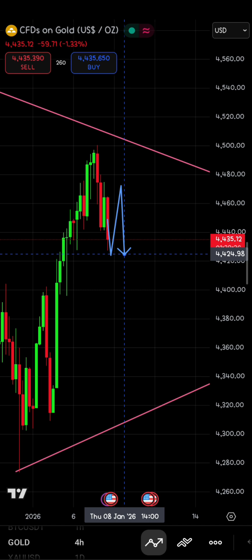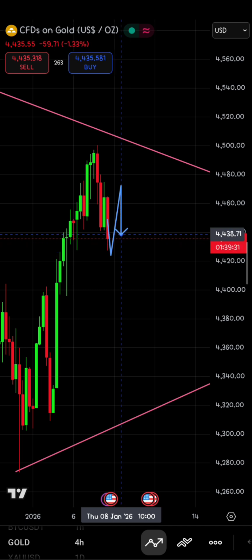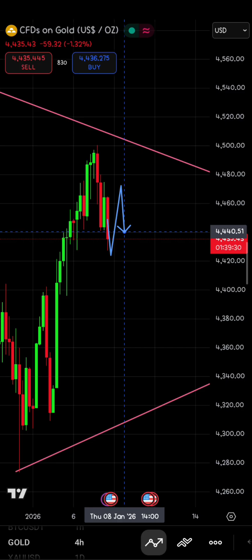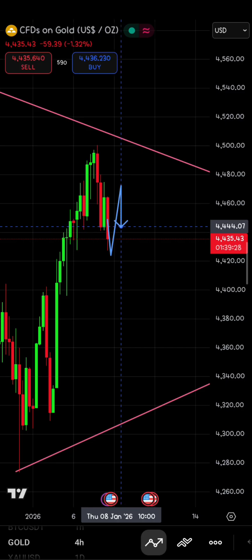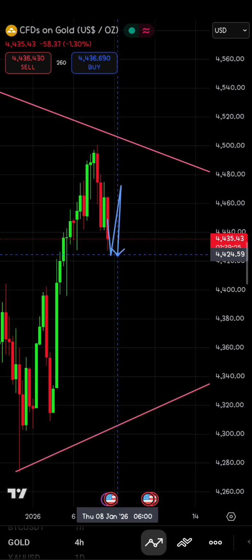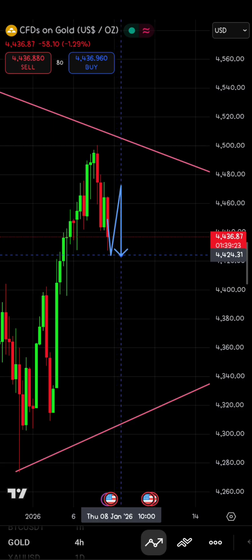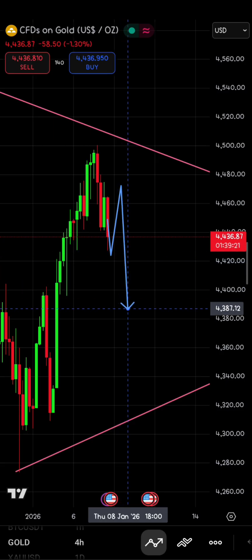So if we want to enter on a good price, we enter where retail traders are not getting their position, or we enter after retail traders get their position and the market drops down further, causing them to close their position, causing them to cut loss, causing them to liquidate, causing them to open sell orders to hedge their buy orders.